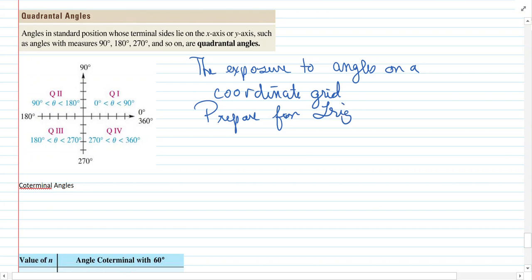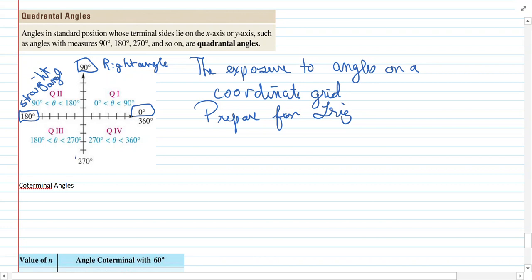And we understand that in the coordinate grid, if we start at this position, we have 0 degrees. The first right angle is 90 degrees. The next is a straight angle of 180 degrees, which is at the x-axis, so 0 to 180 is a straight angle.